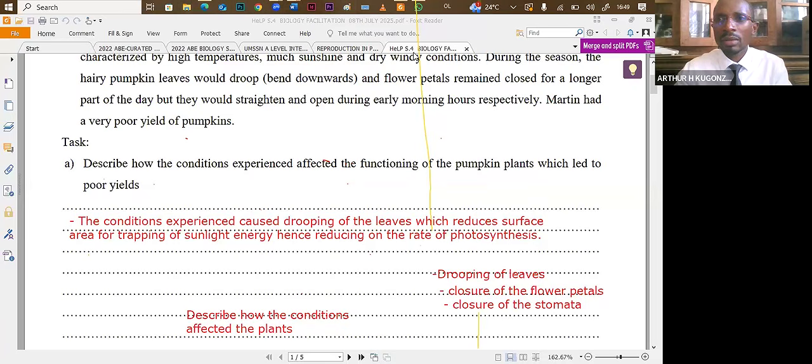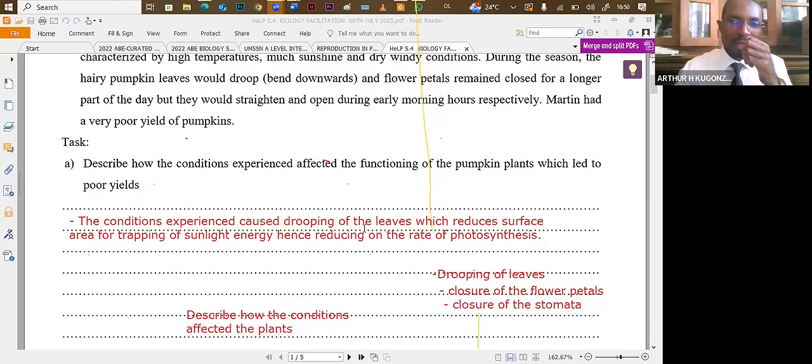It is not coming out. But now, this one is saying that the dry spell caused the water shortage in the soil that limited osmotic absorption by root hair. This limited active absorption of mineral salts.